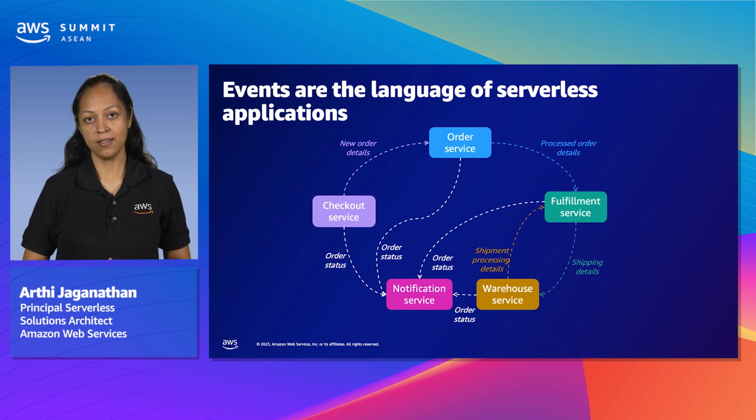With microservices, state that was shared on a central database in a monolithic application is now distributed. Events are the connective tissue in serverless applications, allowing the modules to communicate with each other and exchange state. I will cover more about choosing integration services in the next section. Trin will revisit events later in the talk. On to the next principle.